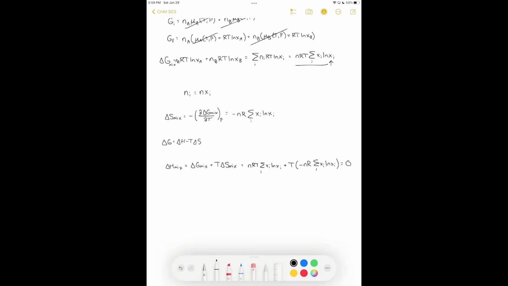Now, this is not true for something like liquids. The difference between solids and liquids and gases is that solids and liquids necessarily interact with each other. Gas molecules approximately don't. We can model them as ideal, that they don't interact with each other. We can't do that for solids and liquids. So solids and liquids have interactions, and in some cases, especially for liquids, they have very negative interactions, so the enthalpy of mixing would be very positive.